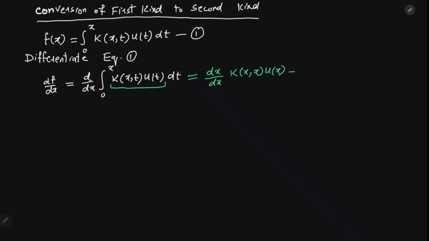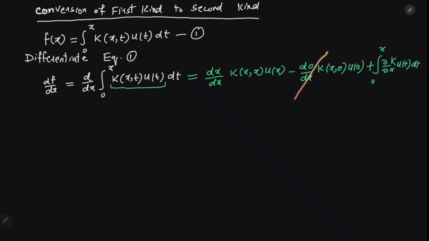Then we have the lower limit. We take a derivative of the lower limit and put k(x,0) u of 0. Then we have the derivative of the integrand, which is partial by partial x of the kernel, u of t dt. So that was the Leibniz rule.